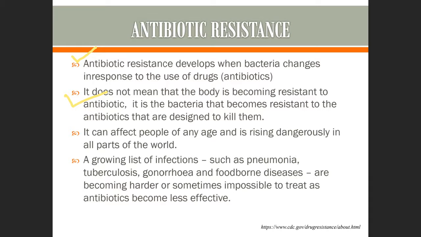It can affect people of any age and is rising dangerously all over the world, with a growing list of infections such as pneumonia, tuberculosis, gonorrhea, and foodborne disease. Conditions like nausea, vomiting, or food poisoning are becoming harder, or sometimes impossible, to treat because antibiotics are becoming less effective.